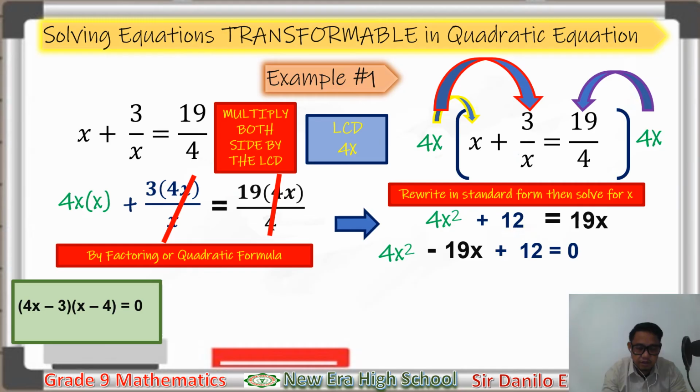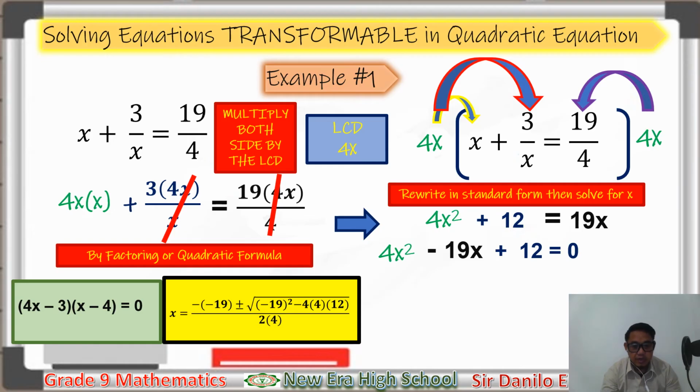Factor natin yan. Ang factor niyan is 4x minus 3 times x minus 4. So, if you multiply this one, this 16, this is negative 16, and this one is negative 3. If you add this one, that will be equal to negative 19x. Okay? If you want to check yung factor nyo, ganun ang gagawin nyo.